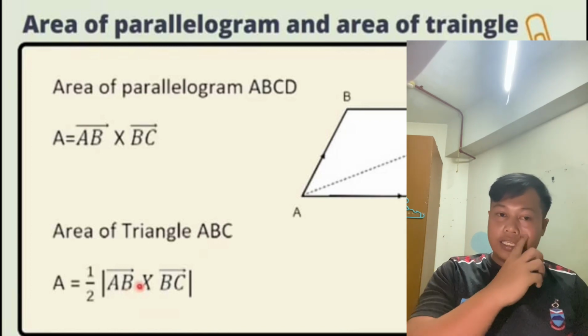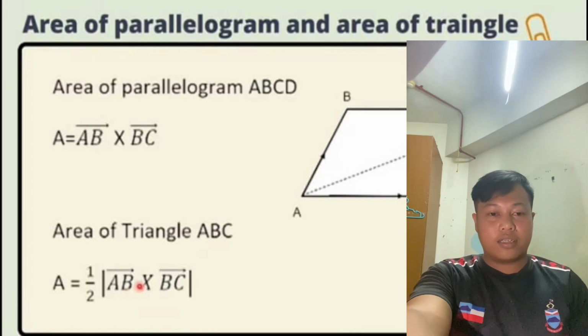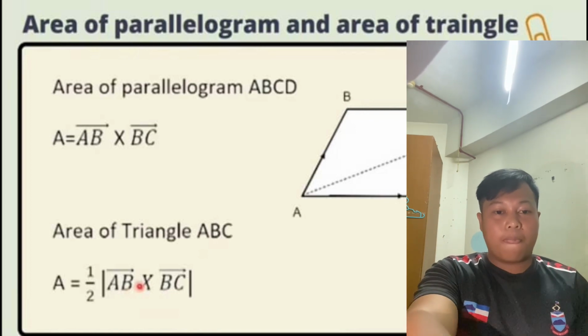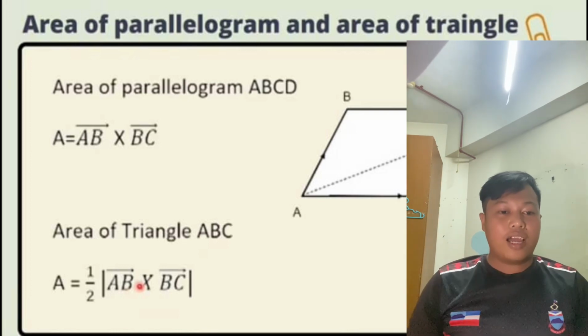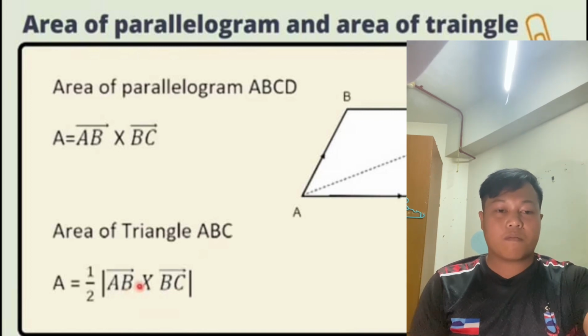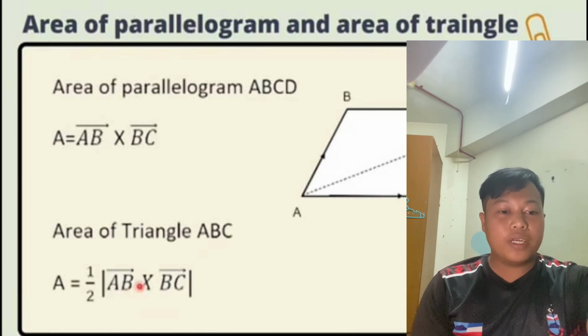So in this image we can see the triangle ABCD. The area of triangle ABCD formula: A equals 1/2 vector AB cross vector BC.